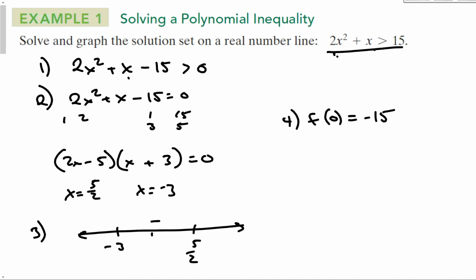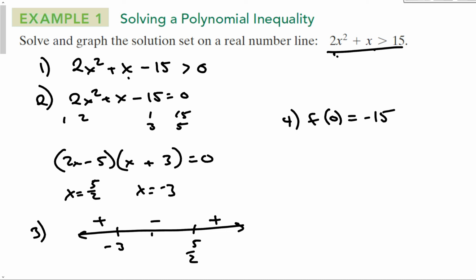Okay? Now I could plug in negative 4 into this equation right here, and I will get 13, which is a positive. And I could plug in something like, well, this is 2.5, so I could plug in positive 3. If I plug 3 in there, I would get 6, which is also positive.